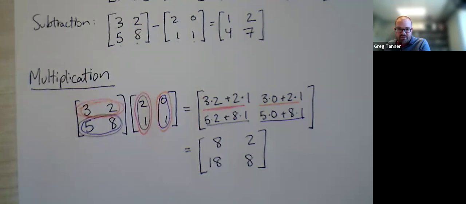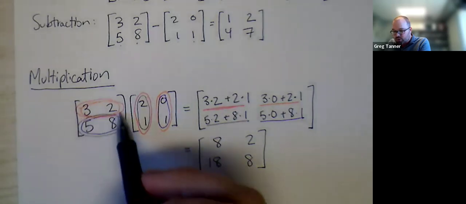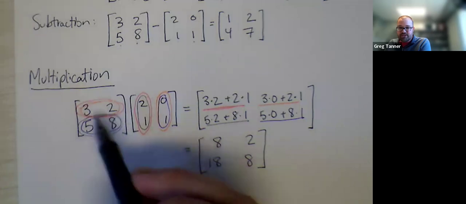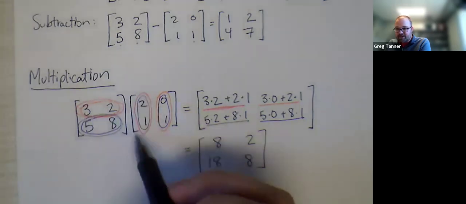A follow-up thing is that if you're going to take rows from the first matrix and multiply by columns of the second matrix, the length of your rows, which is the number of columns in your first matrix, has to be equal to the length of the columns in the second matrix for this to work.